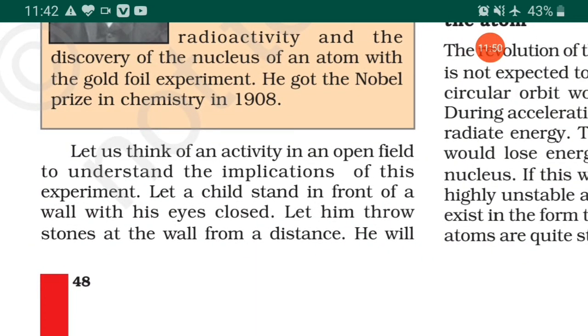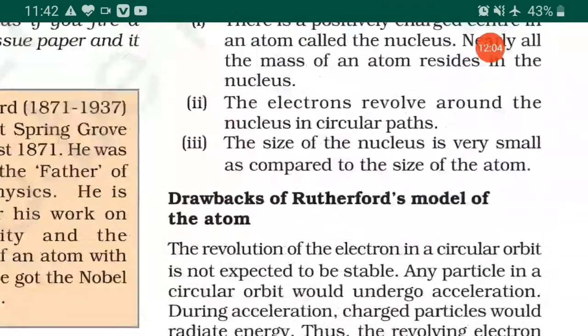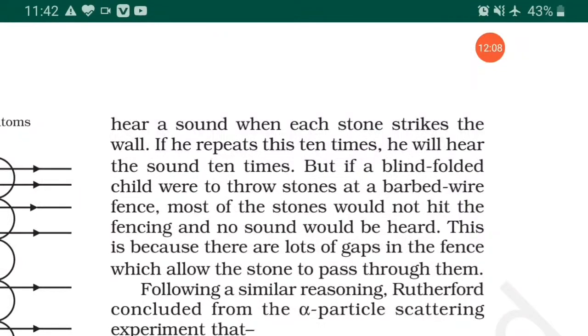Now here is an application of this experiment. Let a child stand in front of a wall with his eyes closed. Let him throw a stone at the wall from a distance and hear a sound when each stone strikes the wall. If he repeats this 10 times, he will hear the sound 10 times.